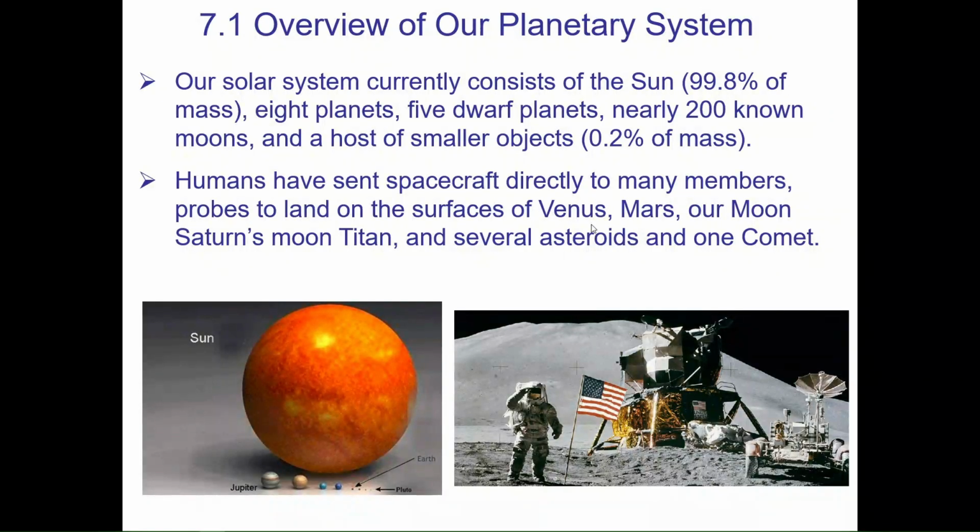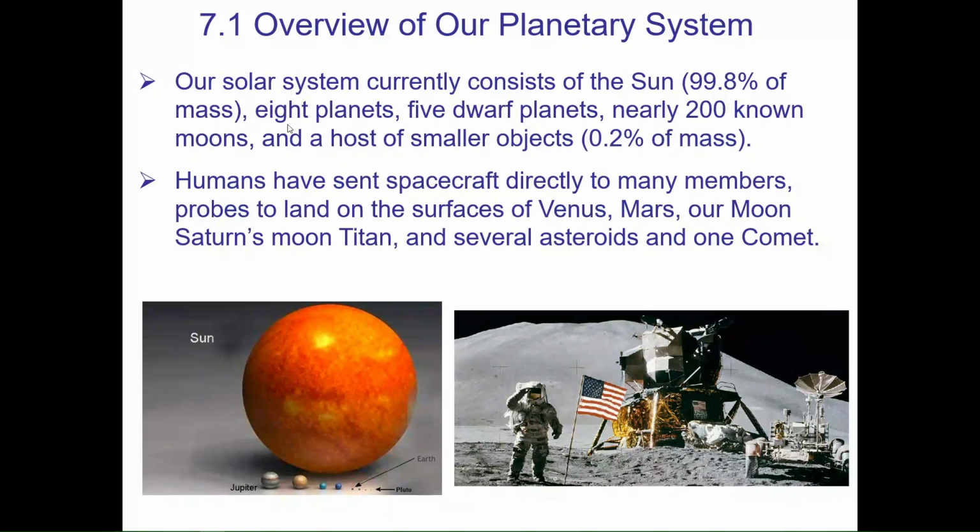And among all these missions, the only member human beings have set foot on is the moon. And in recent years, NASA has actually restarted the mission to send people to the moon again.